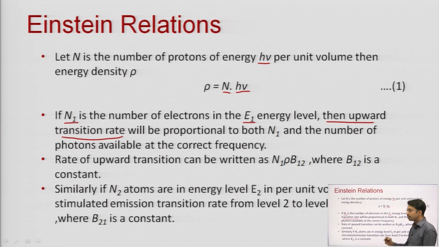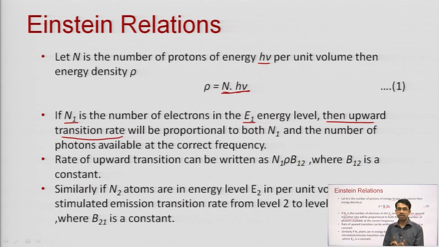So, upward transition rate will depend on two things. One, energy density: how many photons are coming on the material. The more photons come, the more electrons will absorb photons and get excited. So, upward transition will depend on energy density and the number of electrons in ground state.